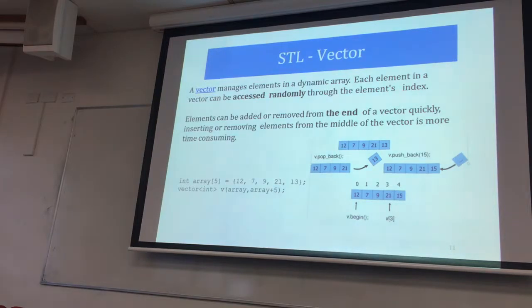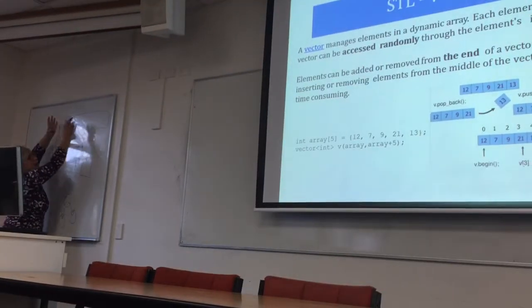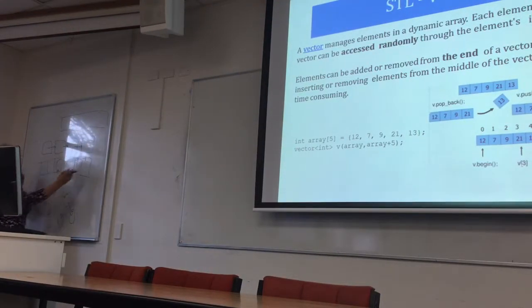If you push another element which exceeds the allocated storage, what the vector does behind the scenes is look in the memory for a new space. This is done automatically. You don't have to do anything. The vector does this. So if we have this memory allocation, we have filled it, and we want to add a new element in the middle or whatever, the system looks at the memory and finds enough space to allocate extra.